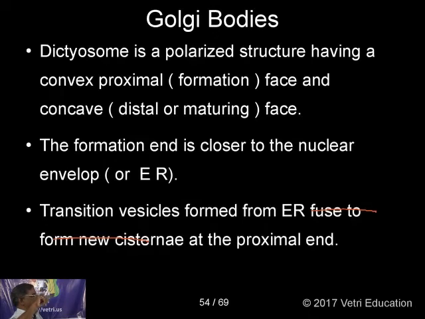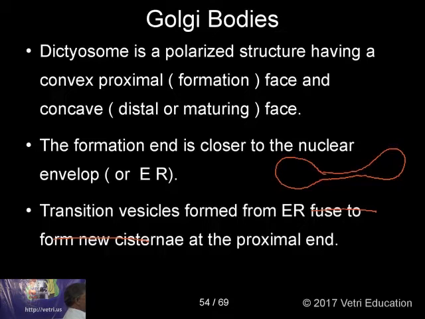The dictyosome is a polarized structure having a convex proximal face and a concave distal maturing face. As I told you already, here you can find a broad end, and here also a broad end. So it appears polarized, having a convex proximal face and a concave maturing face. The forming end is closer to the nucleus, and the maturing end is closer to the plasma membrane.